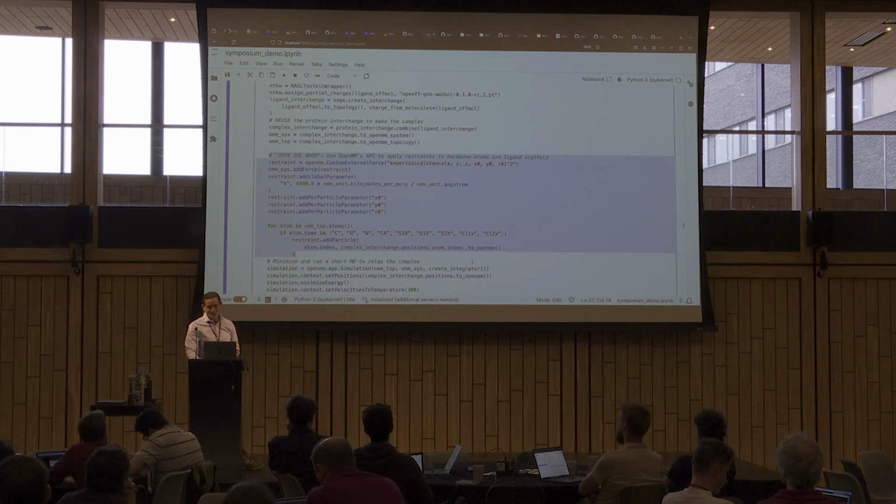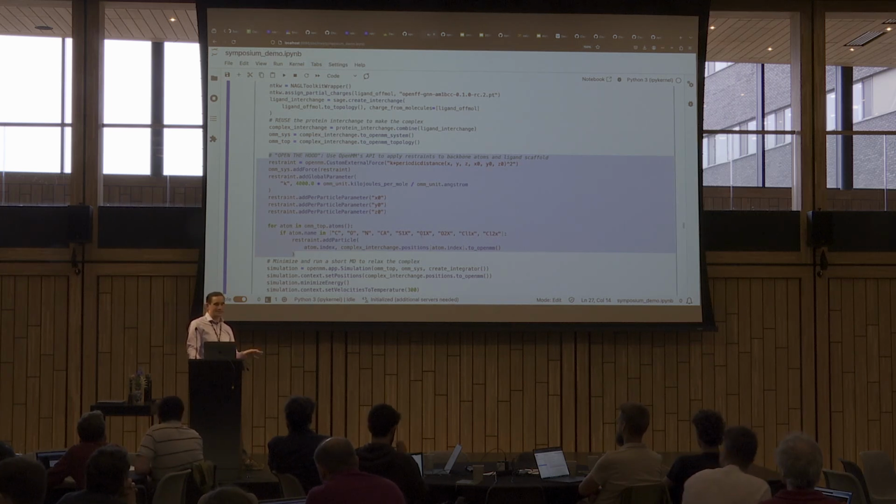And I can go just under the hood. So this whole thing so far has been in nice abstract OpenFF land. We're using interchanges, but we need to do something really specific.